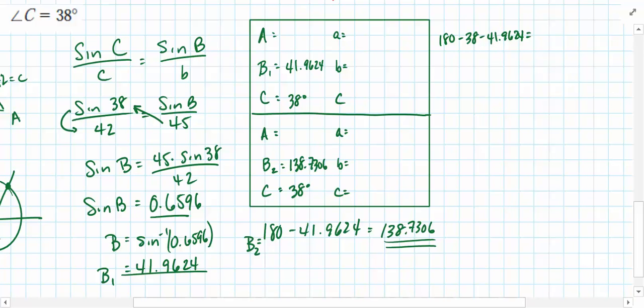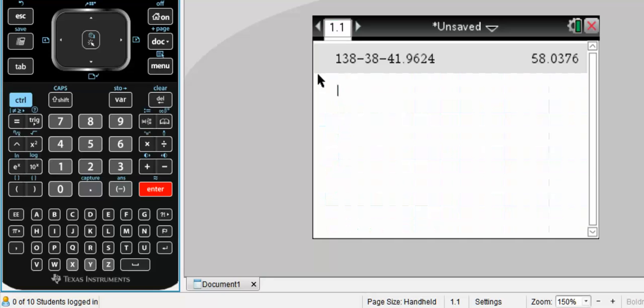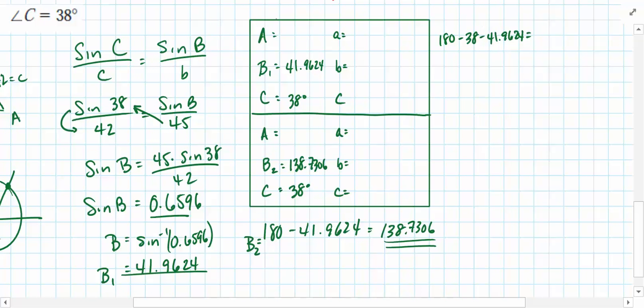Now, in this first case, 180 minus 38 minus 41.9624 would tell me what A is equal to, and that result comes out to be 58.0376, whereas in this other case, 180 minus 138.7306 minus 38 degrees would equal our other A value.